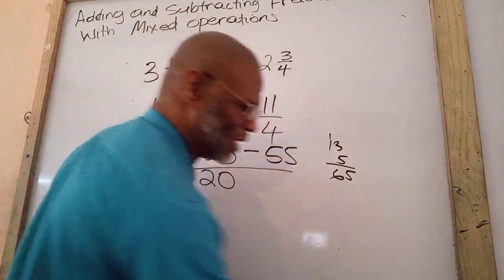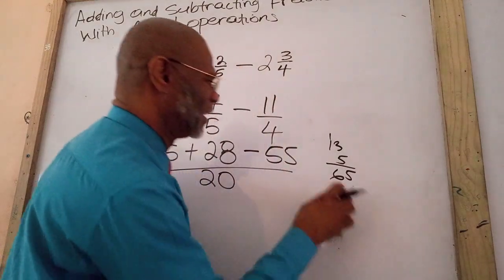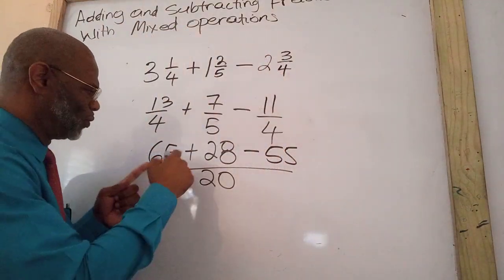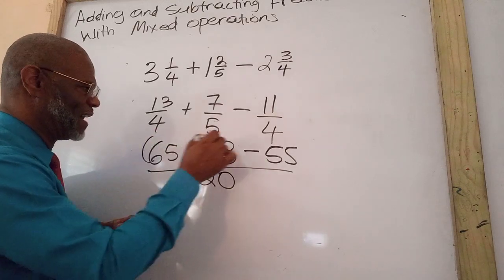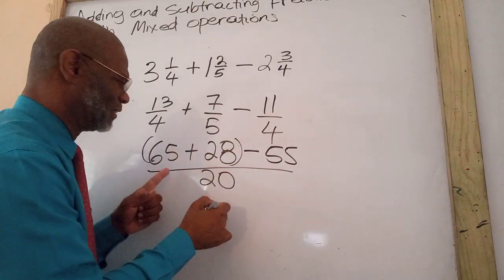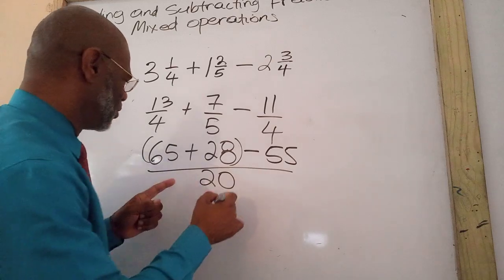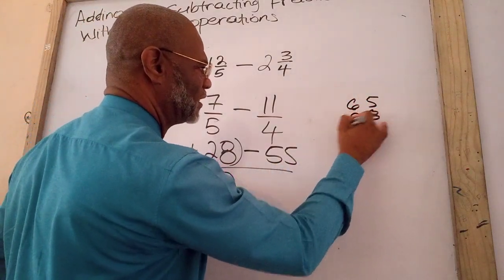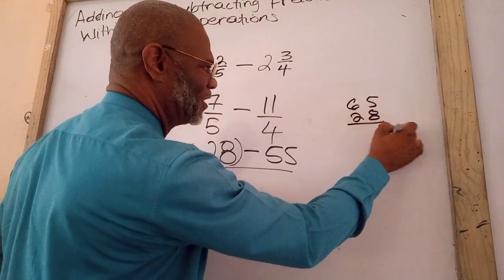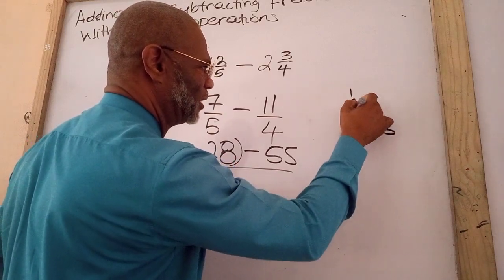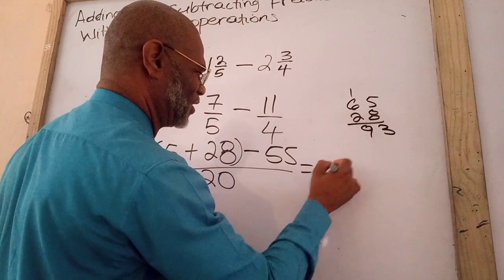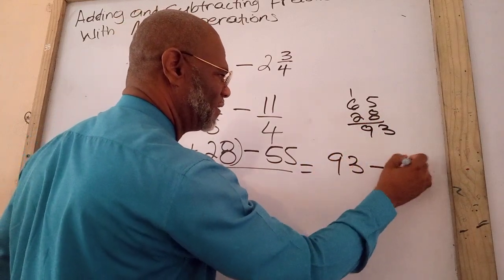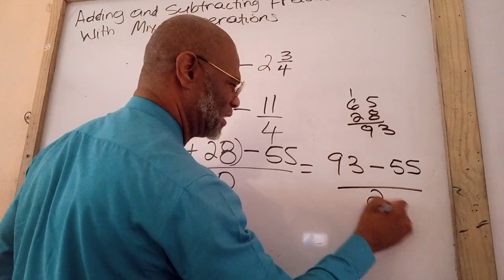Okay? So we can go ahead and do our addition and subtraction here. So we are going to add 65 and 28. So 65 plus 28, that's 8 and 5, 13, carry 1, 6 and 2, 8 and 1 is 9. So that's equal to 93 minus 55 over 20.